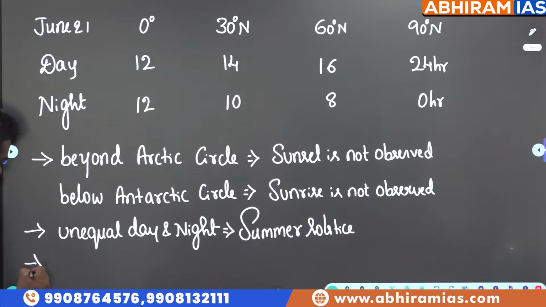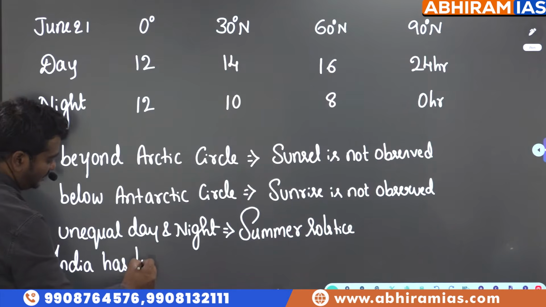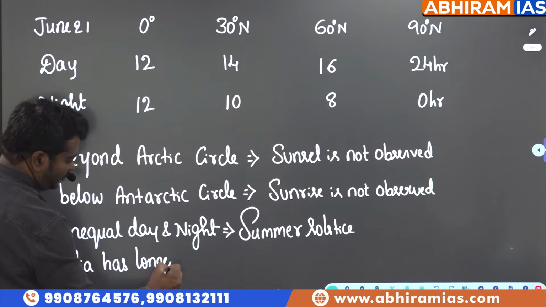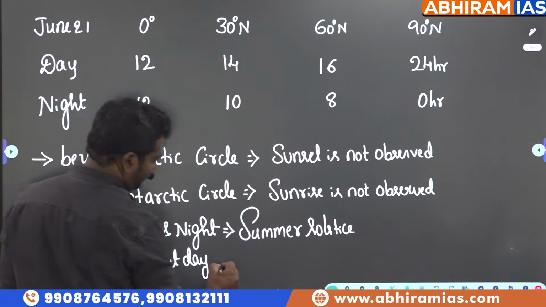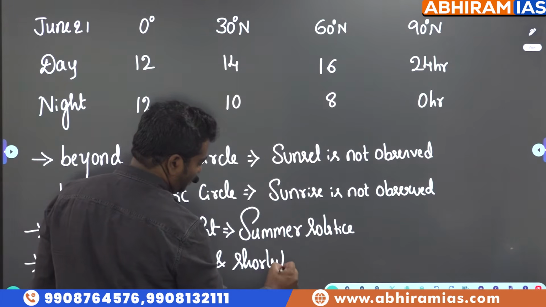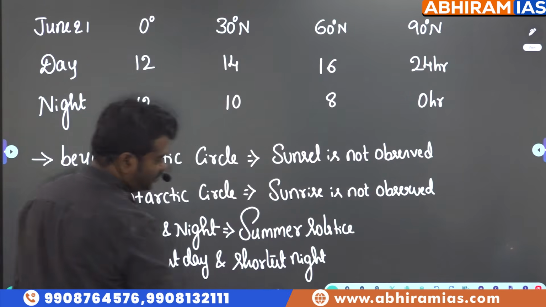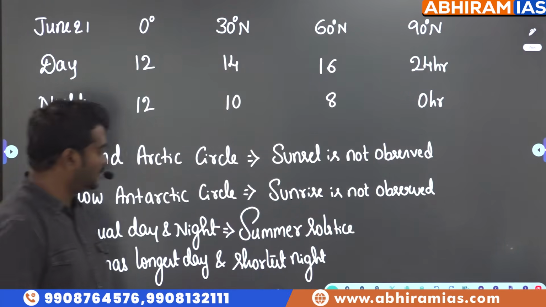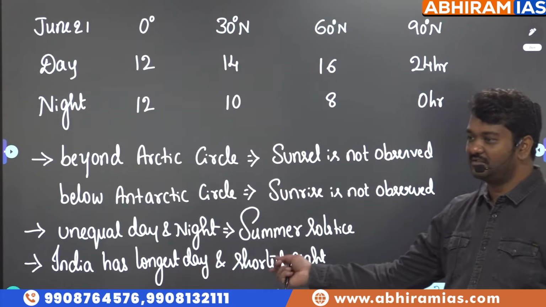Another most important one: India has the longest day and shortest night on June 21st. Two times they have asked this.